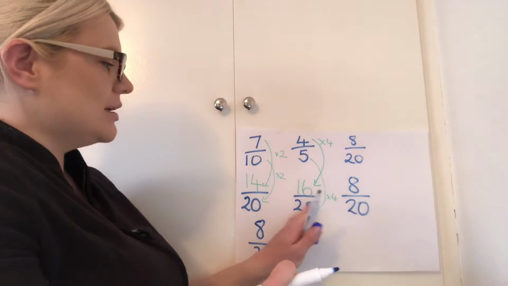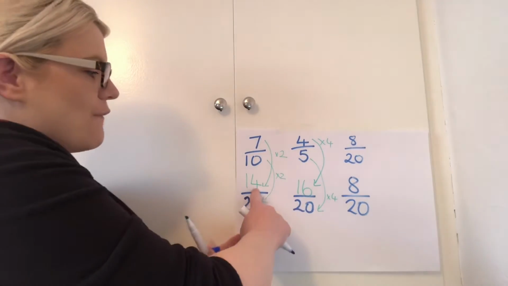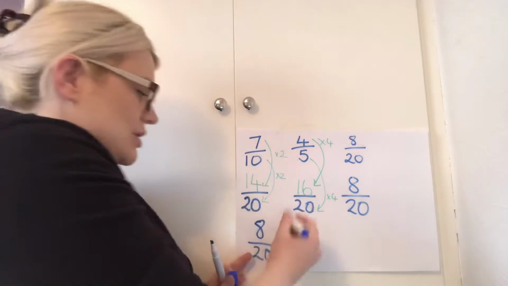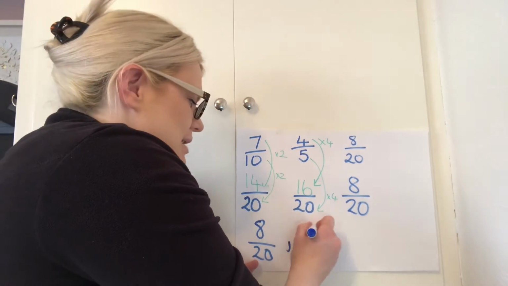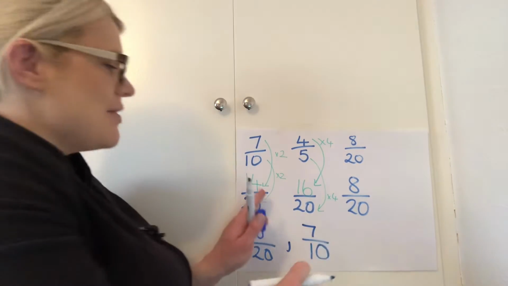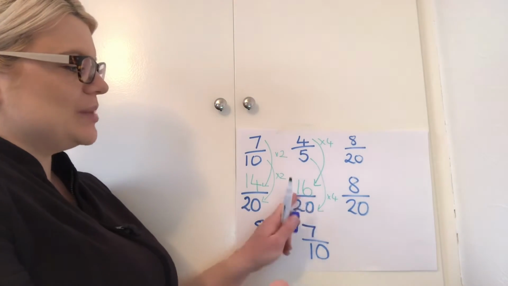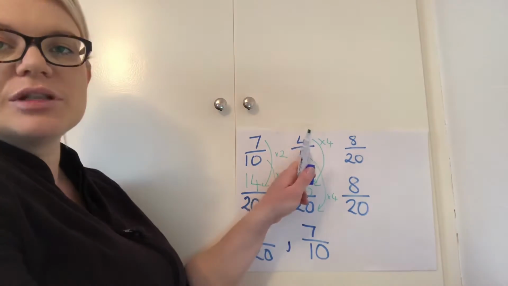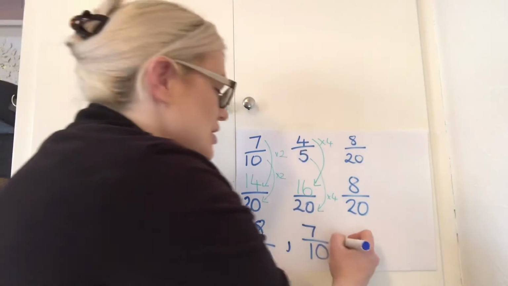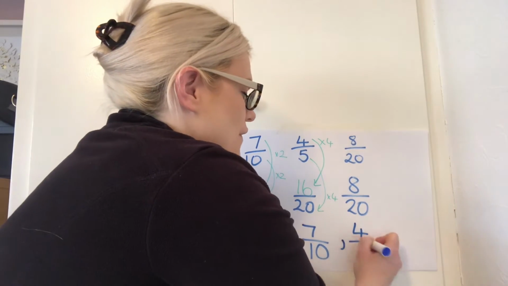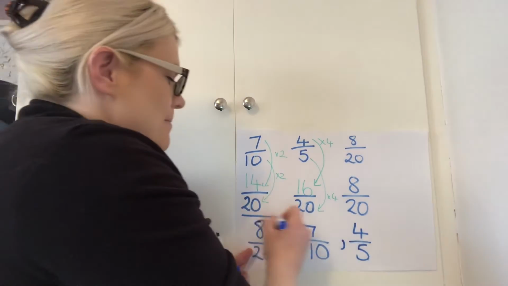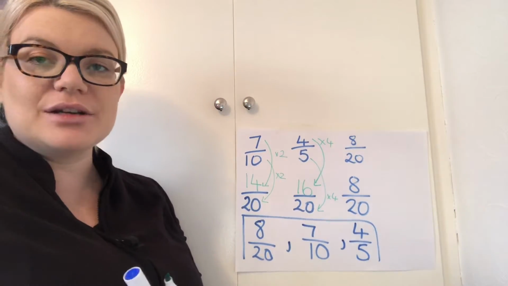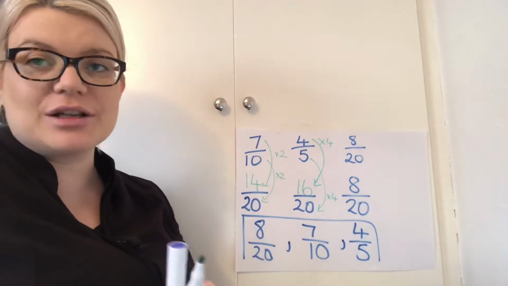Right, now I need to look next. So I have 14/20 would come next, but I need to give the original fraction. So I have 7/10. And then the largest fraction would be 16/20. But I must give the original fraction, which works out being 4/5. So there, I have successfully found my common denominators and ordered my fractions correctly.